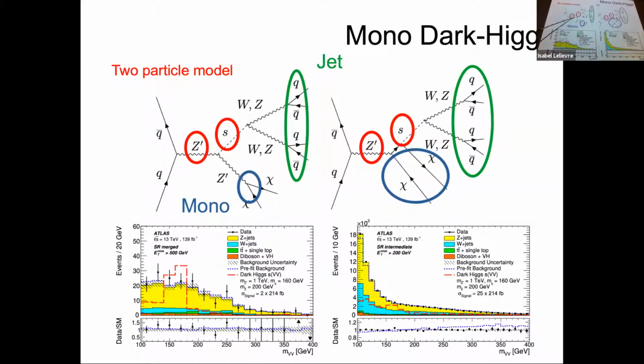So this is a Z prime that radiates a scalar that then decays. In this scalar, they take the case where the scalar decays to W bosons, and actually, this is a monojet final state. It's a Z prime to invisible and a jet that has 4 prongs inside of it. And so this is a very recent result. And there are even more complicated things.